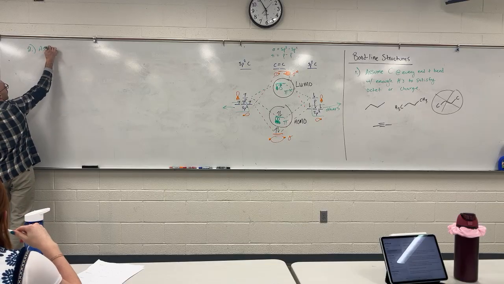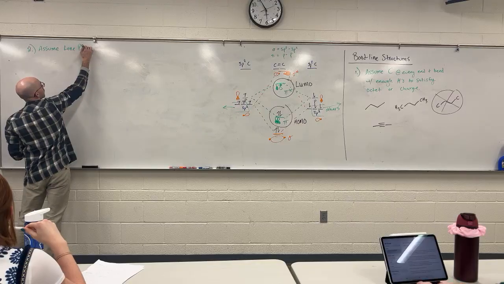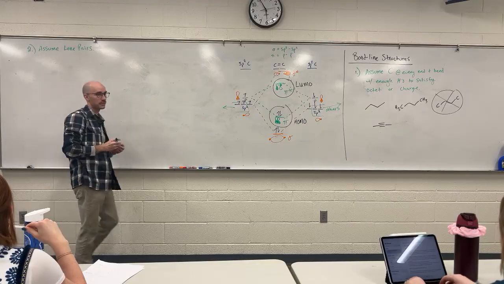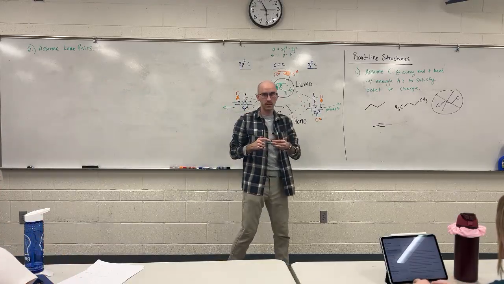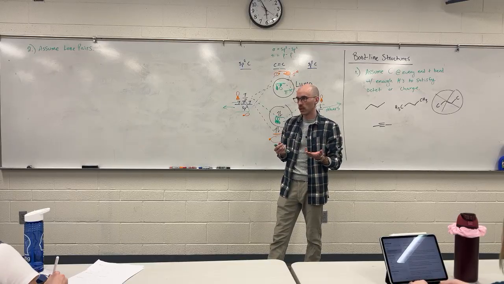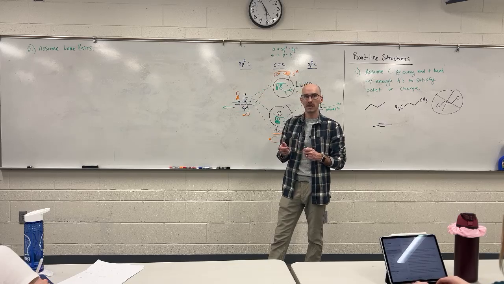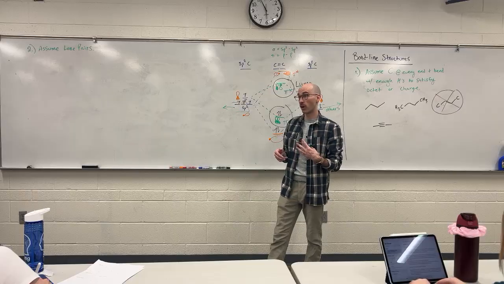And that is that you can assume lone pairs. We will draw a lot of lone pairs if we're not assuming them. But assuming the lone pairs often means you forget how many lone pairs there are.